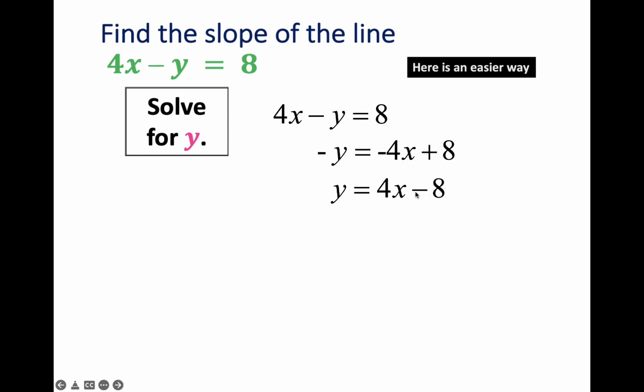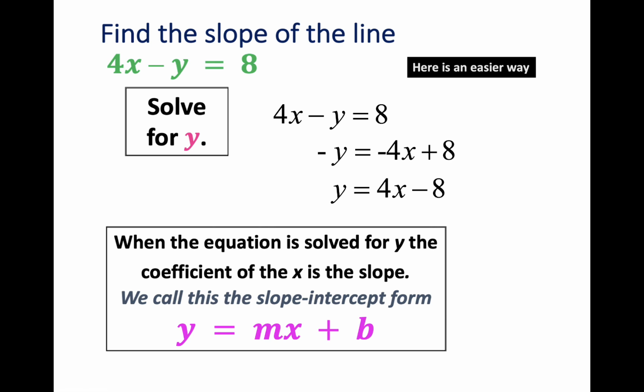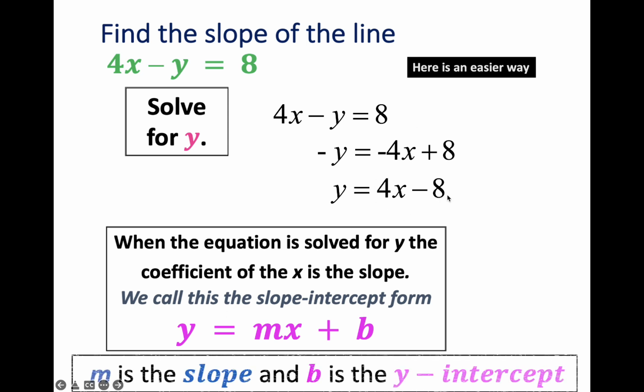When the equation is solved for y, the coefficient of x is the slope. Slope-intercept form is y is equal to mx plus b. So, ito yan, where this is your y, your slope mo is 4, and b mo is negative 8. Where m is the slope, and b is the y-intercept. Okay.